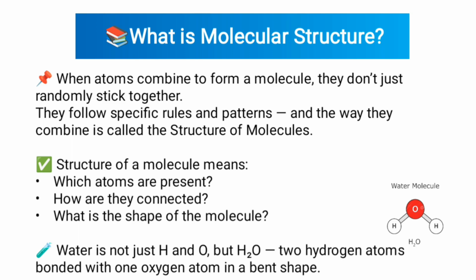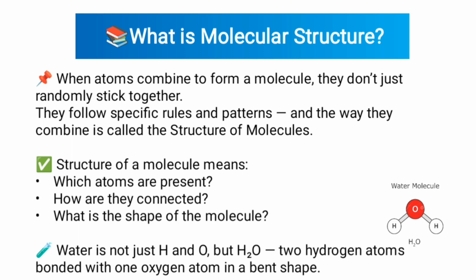My dear student, when atoms combine to form a molecule, they don't just randomly stack together. They follow specific rules and patterns, and the way they combine is called the structure of molecules.